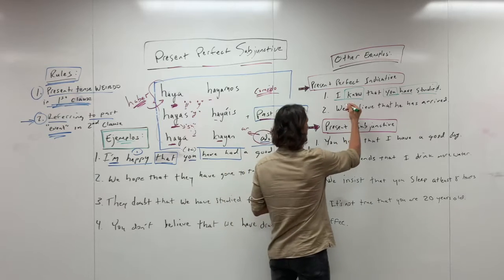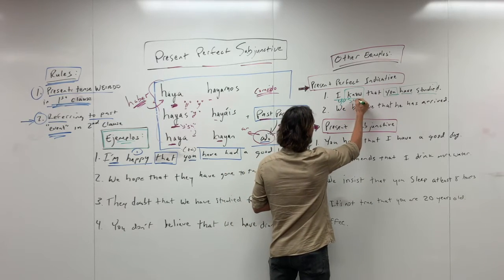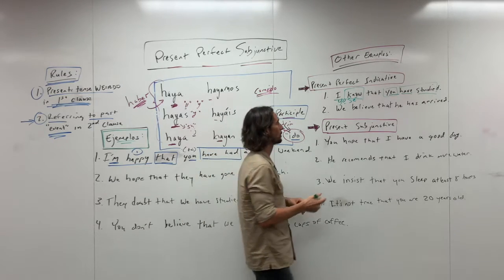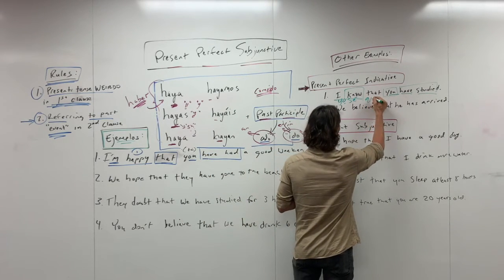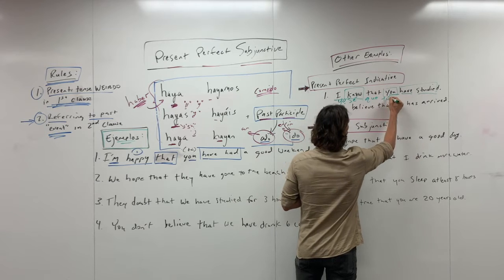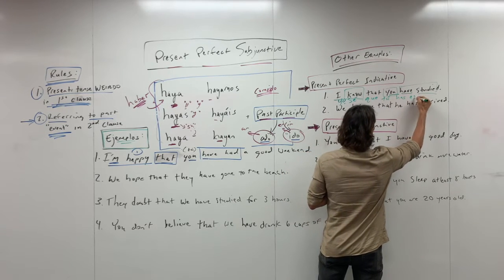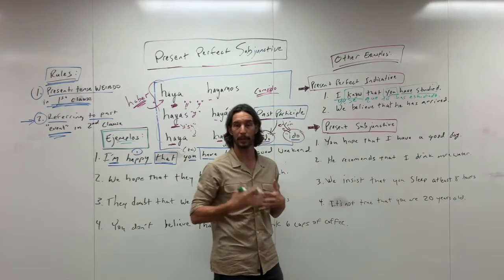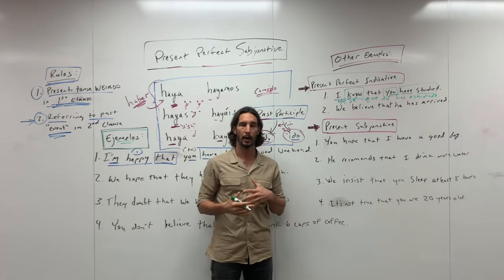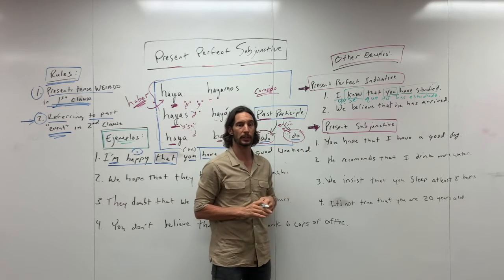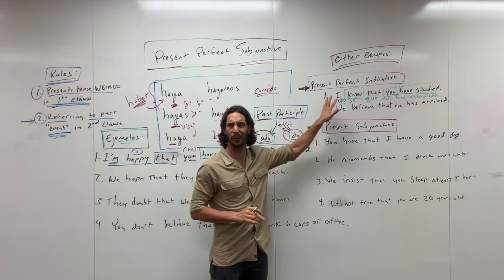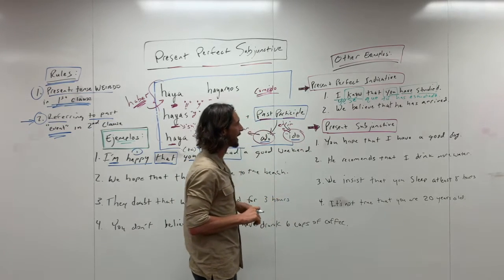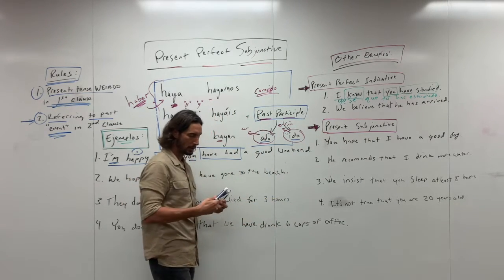And so our translation will be yo sé. Now you don't have to have yo, but if you want to put it there, that's cool. Yo sé que tú has estudiado. Like I said, I'm not going to re-explain the present perfect indicative here, but I want to have those as examples so you see what, sort of pair it, if you will, with the present perfect subjunctive. And so, yo sé que tú has estudiado.